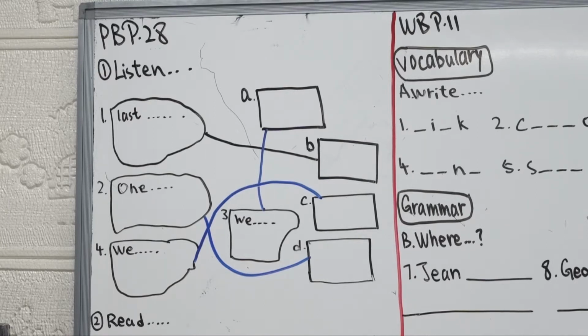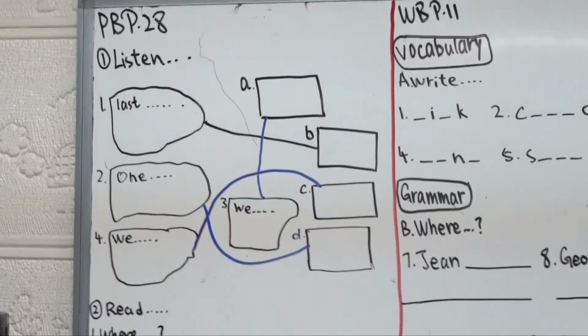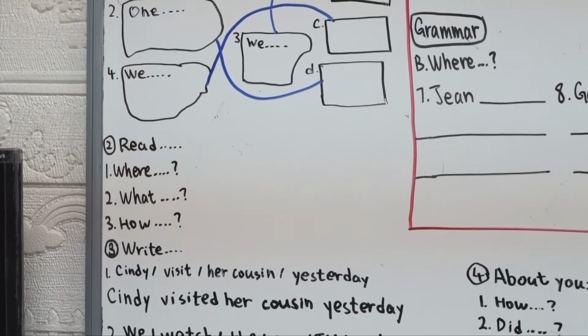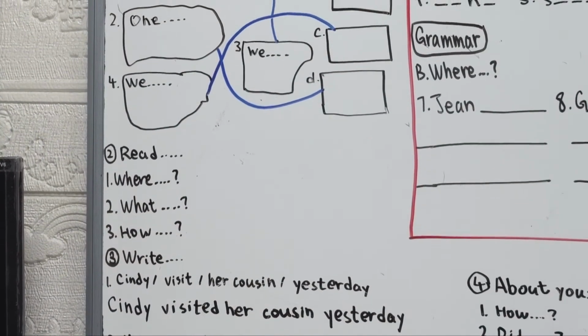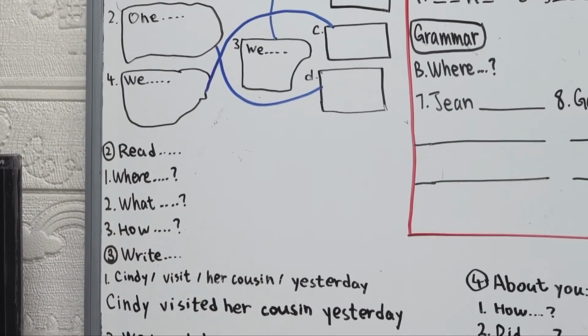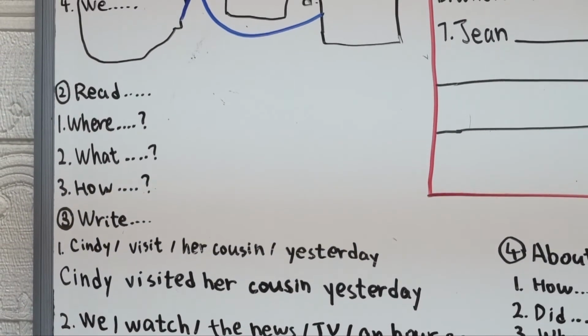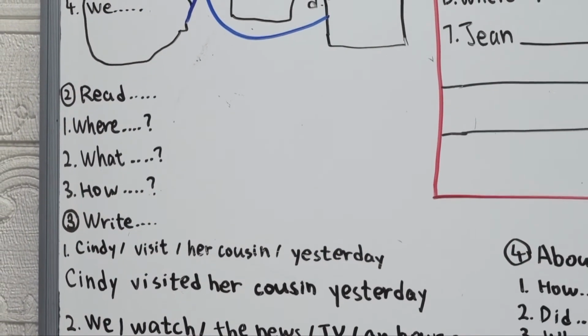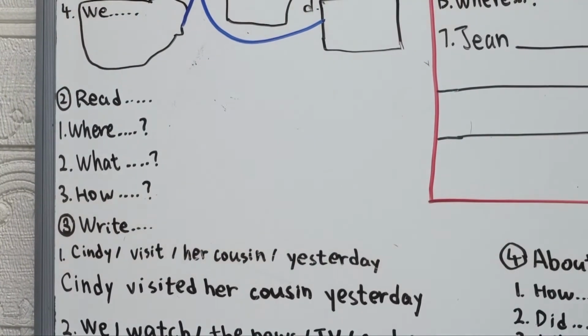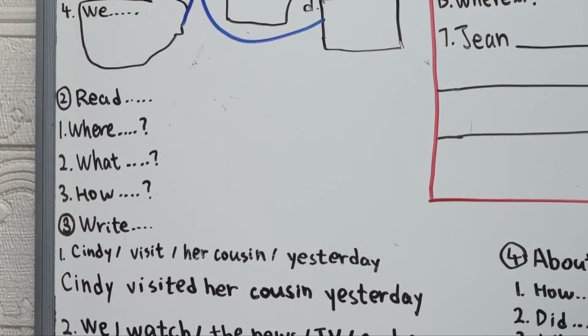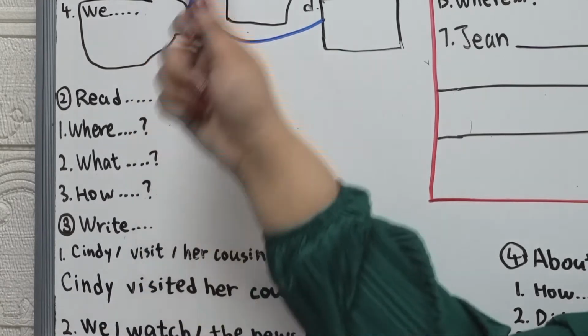Done checking your answers? Let's have a look at part 2. Read again and answer. So here you have to do some writing for me. Number 1 in front of you. Read. Where did Wendy travel last summer? All you have to do is read the questions here and then answer them by looking at part 1.